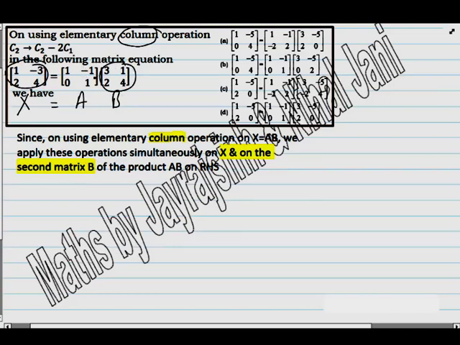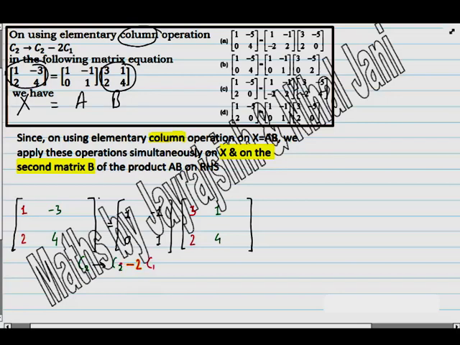Matrix A will be as it is during this elementary column operation. Clear? Now let's apply the operation to the matrix equation, and the operation is C2 gives C2 minus 2C1, right?